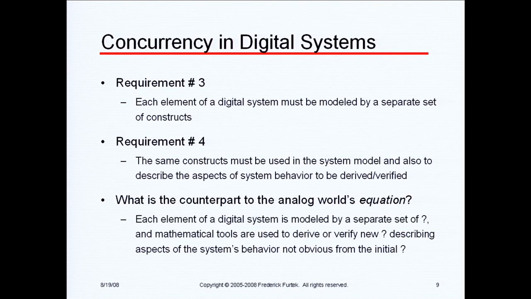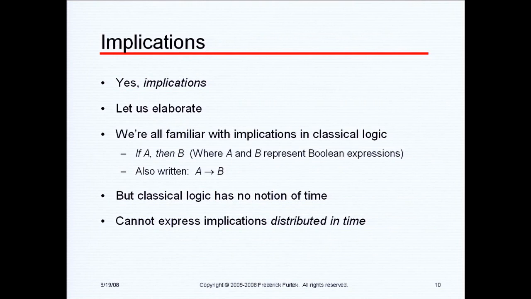And the same constructs must be used in modeling the system and also in describing the aspects of system behavior that you want to either derive or verify. So the question boils down to, what is the counterpart to the analog world's equation? What is it that we can substitute for equations in the analog world so that we meet requirements 3 and 4? The answer is implications.